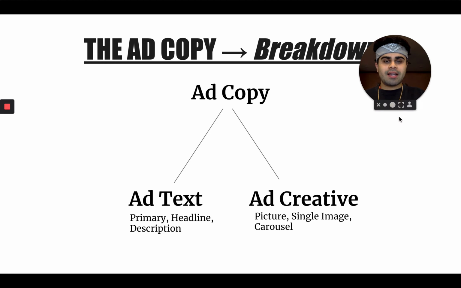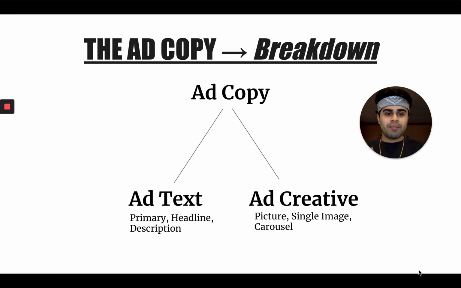Next, the ad copy breakdown, right? What makes up your ad copy? Your ad copy is actually the entire ad itself, the entire ad as a whole, okay? So on the one side, it's your ad text, which is made up of your primary text, your headline, and your description. On the other side is your actual ad creative, meaning is it a picture ad, is it a single image ad, is it a carousel ad, right?